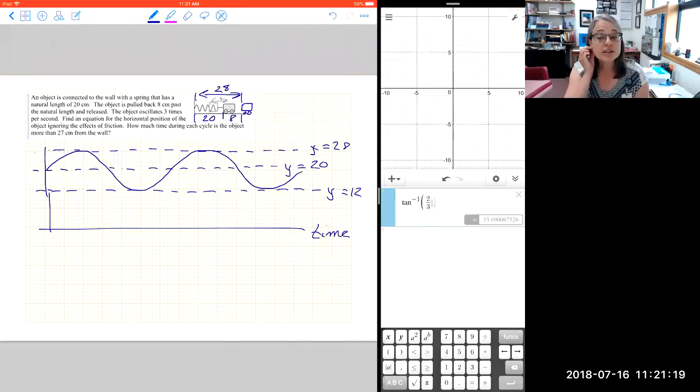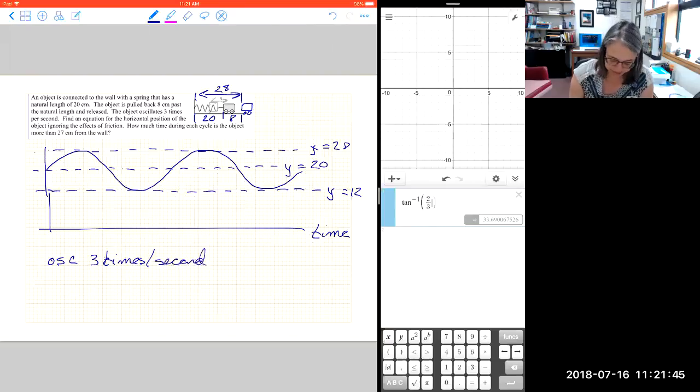So I know that the cart oscillates 3 times per second.